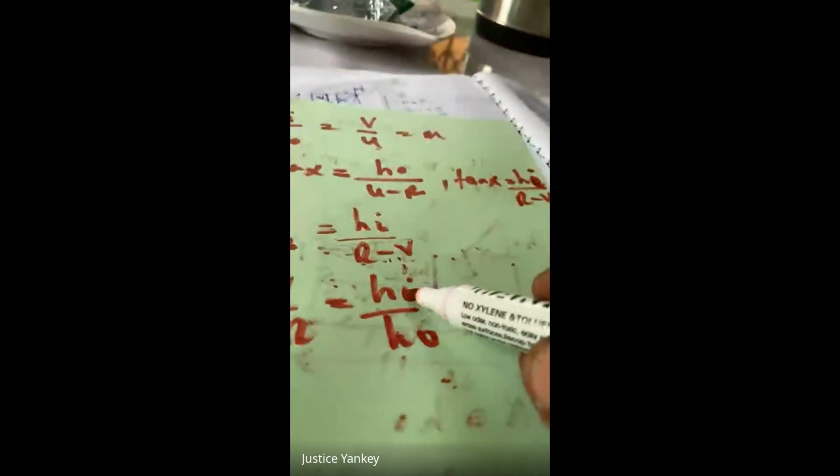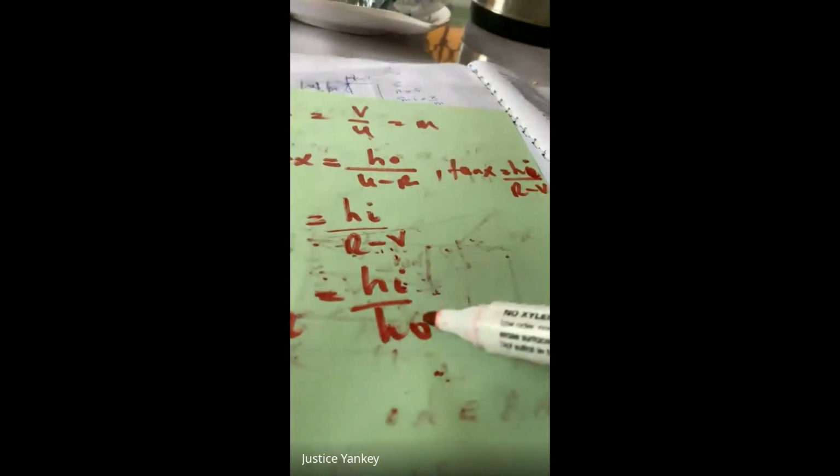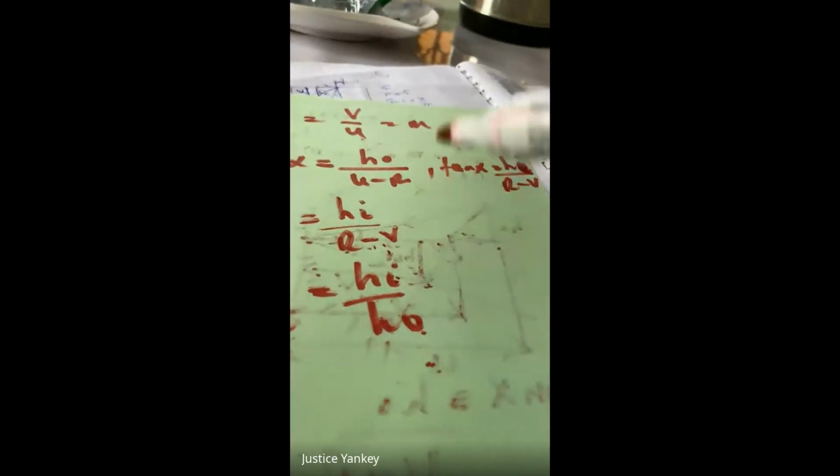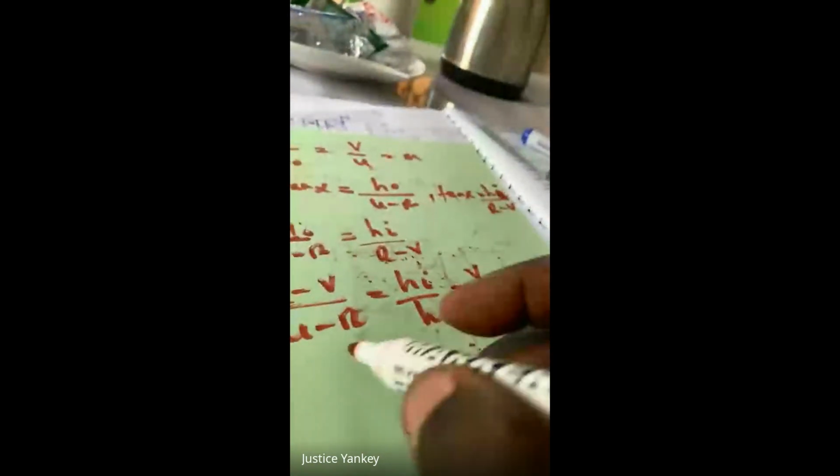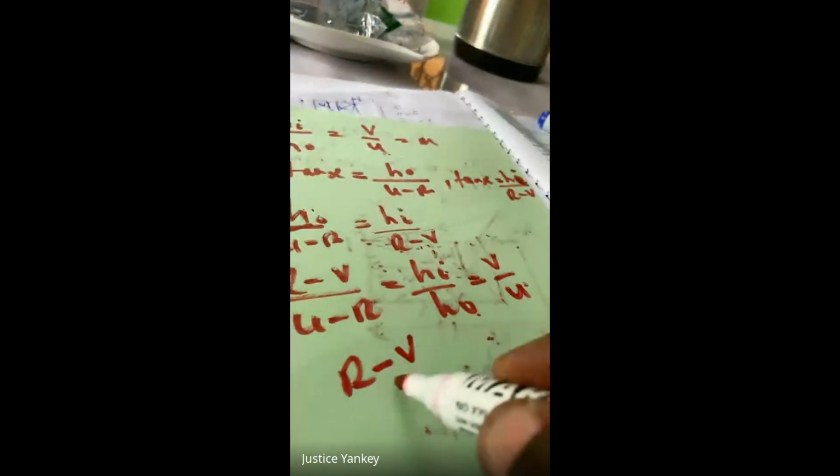But HI, height of image over height of object, is the same as V over U. So finally, I have R minus V over U minus R equals V over U.